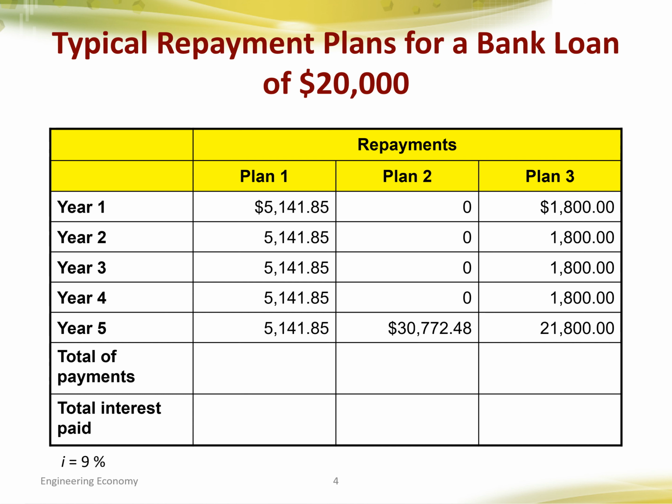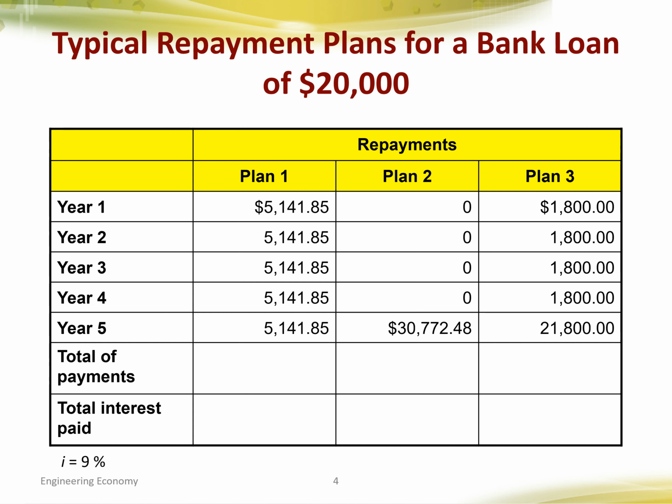If you multiply the number in Plan 1, 5,141.85 times 5, it comes to not even 26,000. But for Plan 2, we are seeing 30,000.